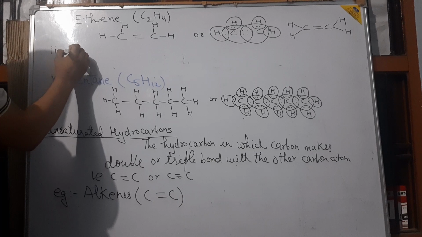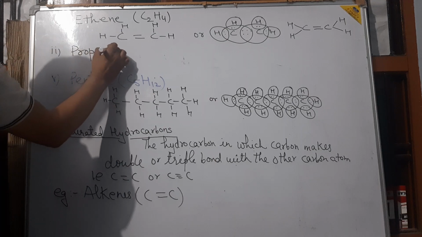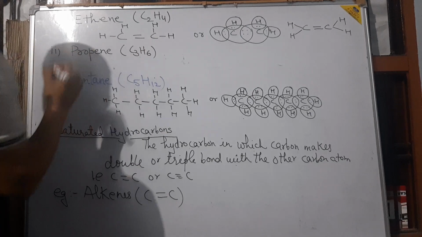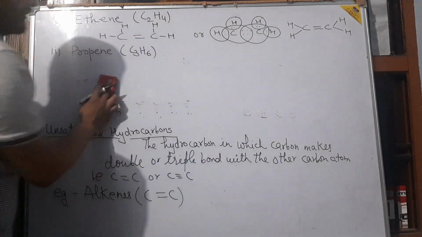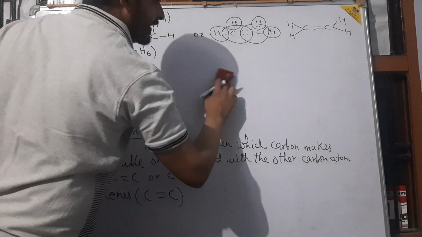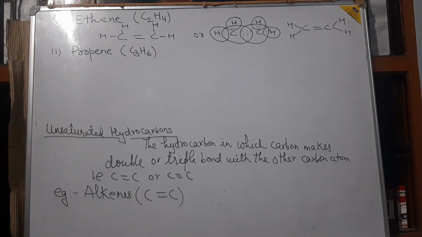The second member of the alkenes is propene. Its formula should be C3H6. For the formation of propene, you should always follow that there are 3 carbons, and prop indicates that there are 3 carbons, and the ene word indicates that there should be a double bond.